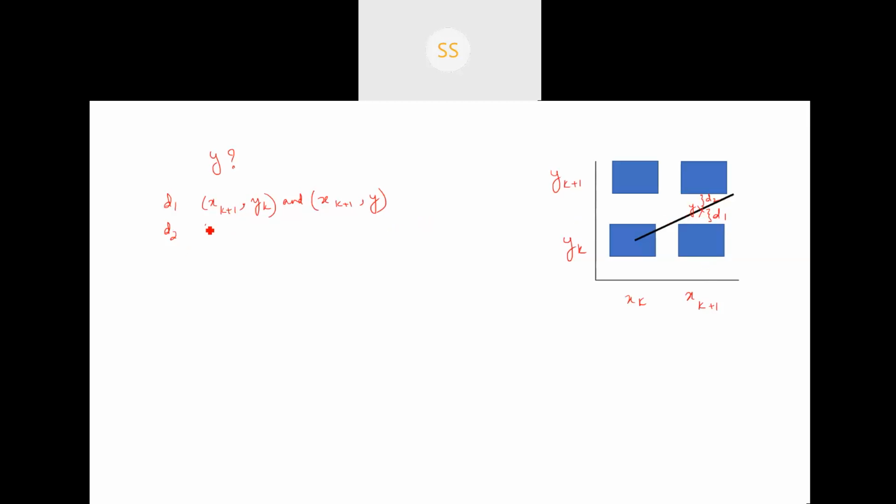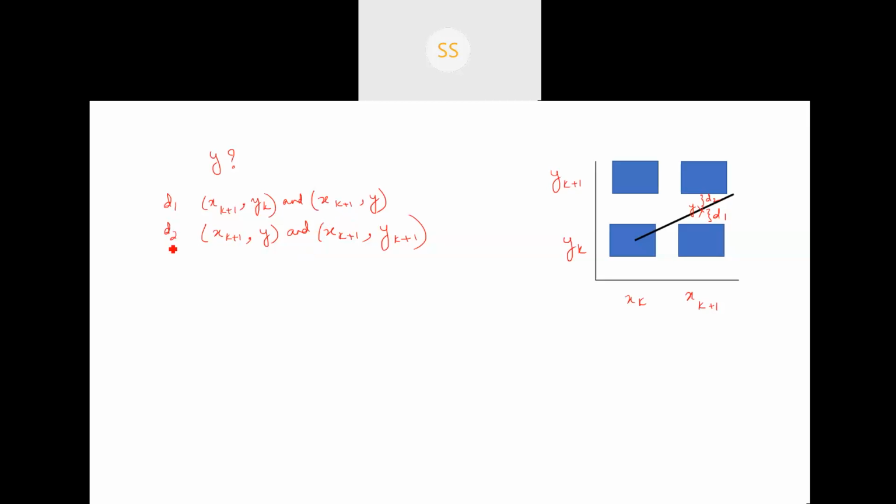And what about d2? d2 is the distance between the points xk plus 1 comma y and xk plus 1 comma the pixel having the y coordinate value yk plus 1. So d1 is the distance between these two coordinates and d2 is the distance between these two coordinates. Okay, that is what you have to understand.